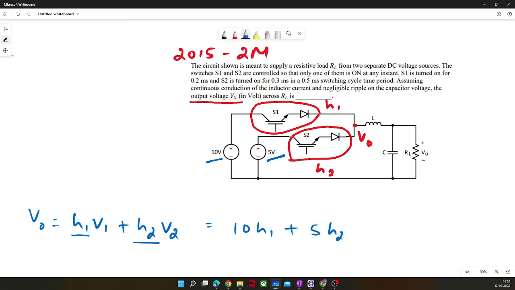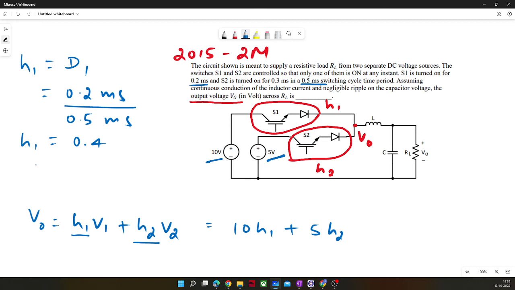Now the job is to calculate H1. Average would be D1, and this D1 is given: it is turned on for 0.2 millisecond out of 0.5 millisecond of time period. It would come out to be 0.4. So H1 you can put directly as 0.4. Now the time for H2. H2 is turned on for 0.3 millisecond.